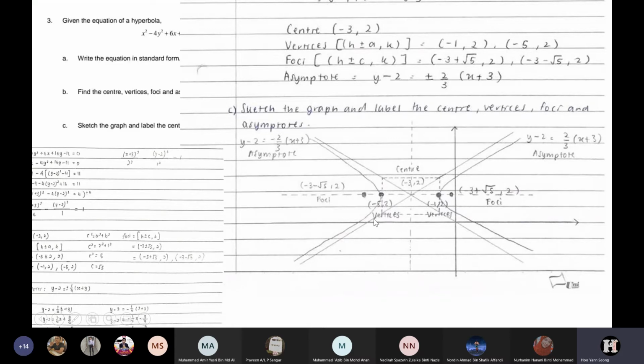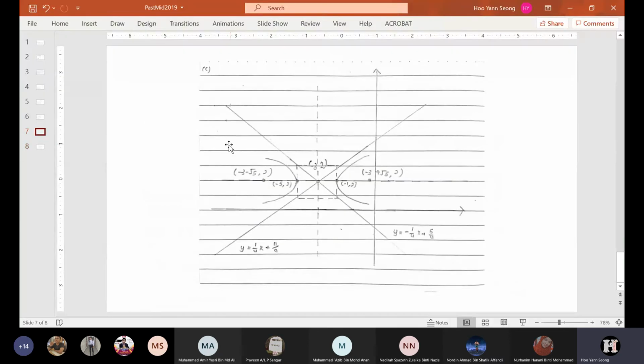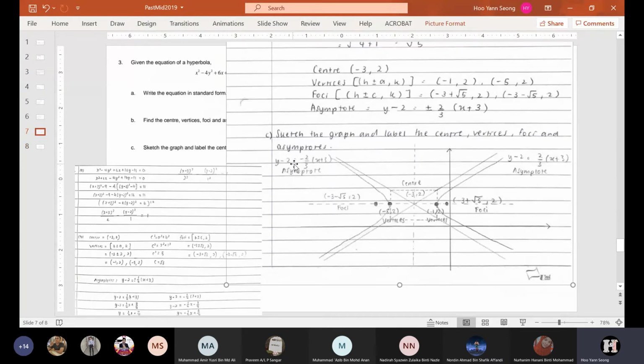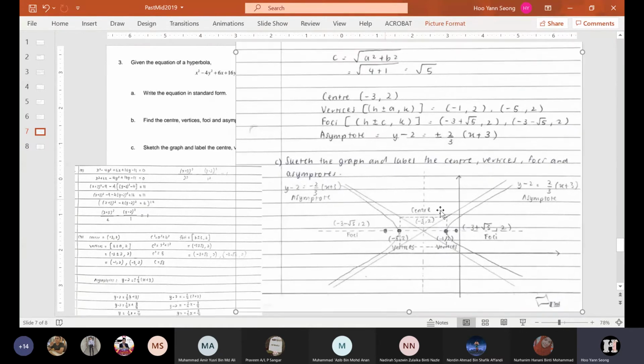Okay, then after that you have a box and so on. This question is 2 marks, I think. Adakah markanya akan dipotong kerana this one is wrong?